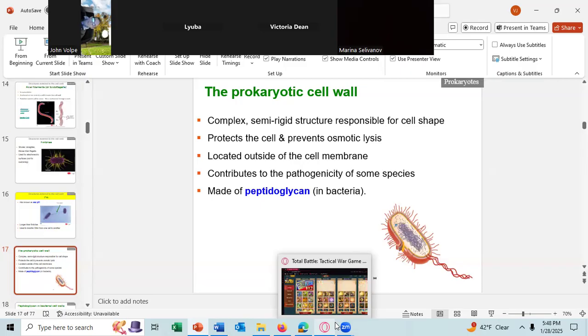The cell wall is located outside the cell membrane, but remember it is considered a part of the cell. Anything exterior to the cell wall is considered outside the cell. The cell wall can contribute to the pathogenicity of some species, like the Mycobacterium species.